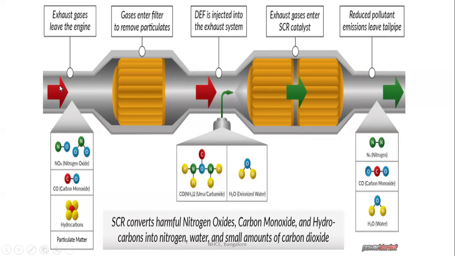Now when the exhaust gases, that means the burnt gases, come through this SCR apparatus, what will happen? Harmful gases like oxides of nitrogen get converted to a natural component of air, that is atmospheric nitrogen. When the burnt gases pass through the SCR catalyst at high temperature, before passing through the catalyst we inject a diesel exhaust fluid, which is urea.